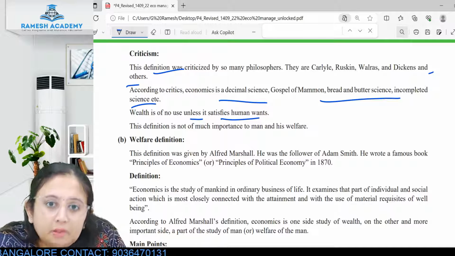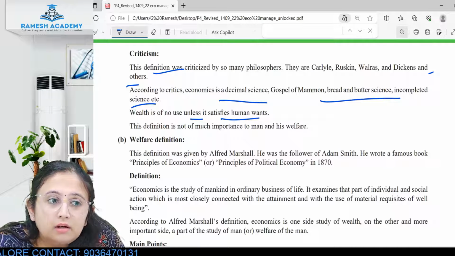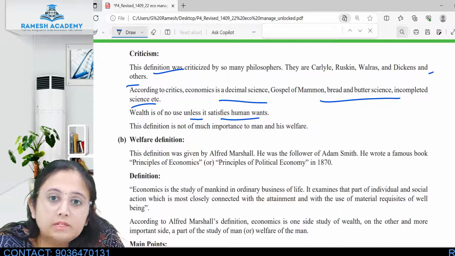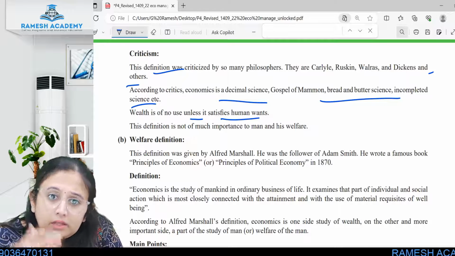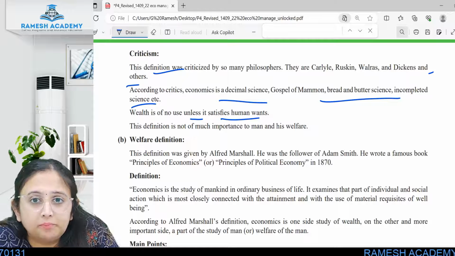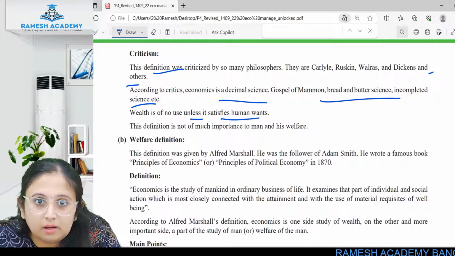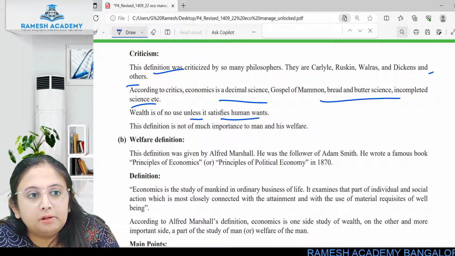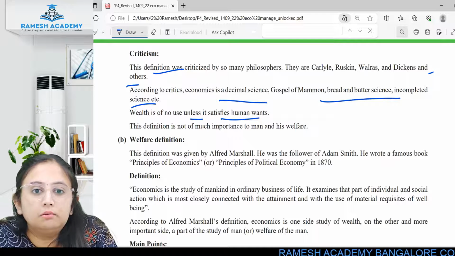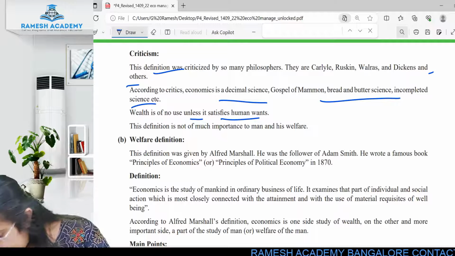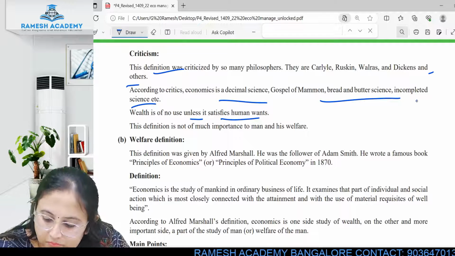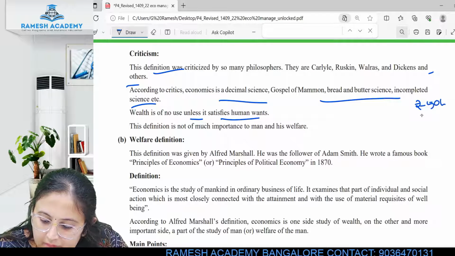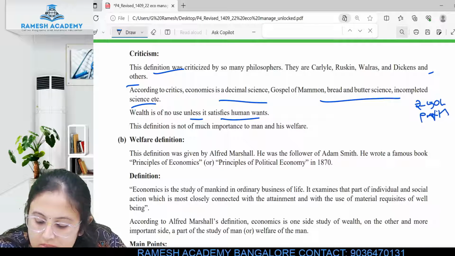because if you are only going towards achieving money, getting more and more wealth, then you are not thinking about what exactly people want. You should also think about human wants. For example, if I produce luxury cars and sell them, I will get, say, 50 lakh rupees profit for one car.